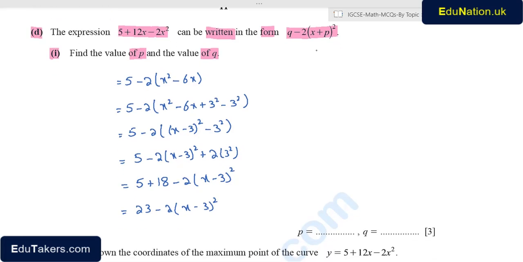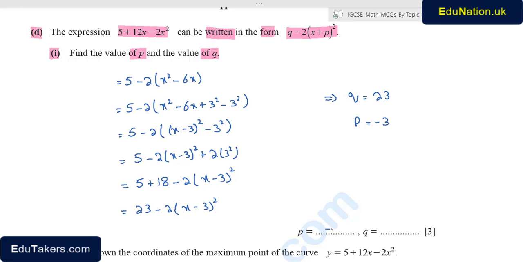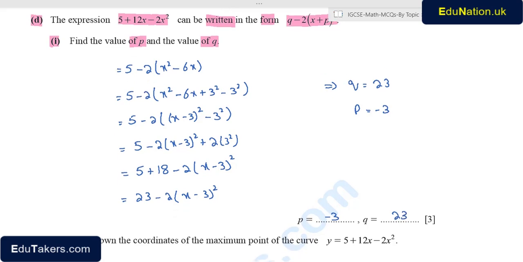Now comparing it with q minus 2 into x plus p whole square, q is 23 and p is minus 3. Minus 3 and 23 are the values of p and q.